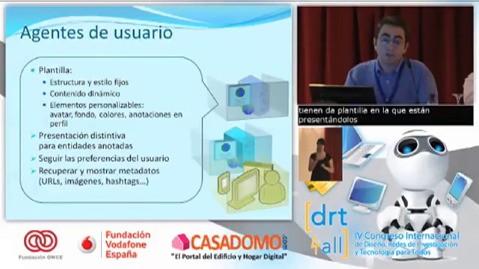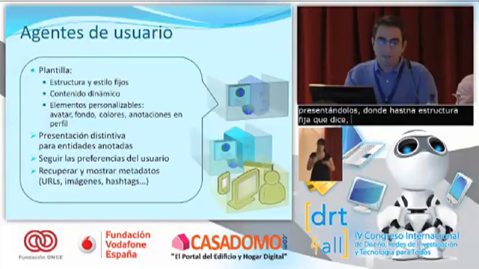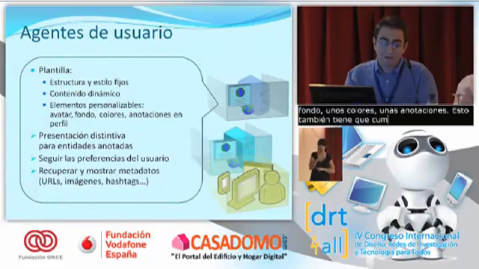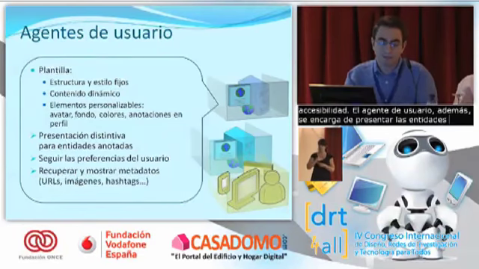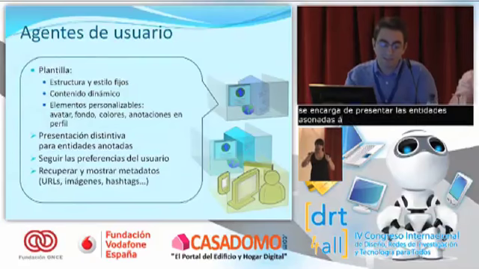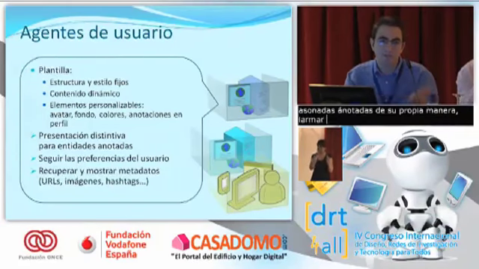So we have a specific page, like on Twitter, it's like this. There's dynamic information, but also things that can be customized by the user, like an avatar, etc. And all of this also has to abide by certain accessibility requirements. Also, the user agent can show what the links are, should show the preferences of the user, etc.